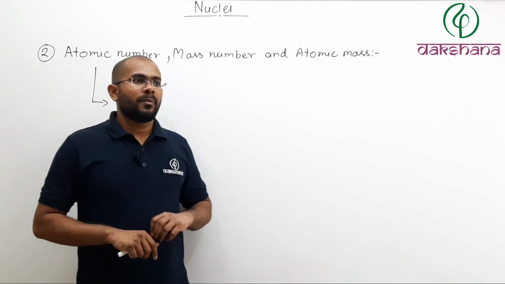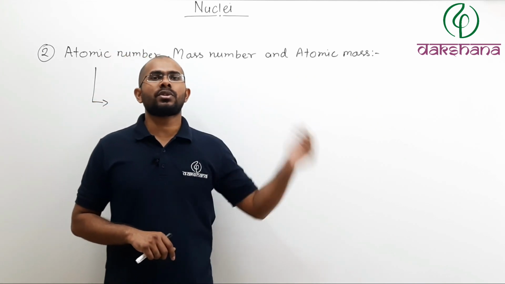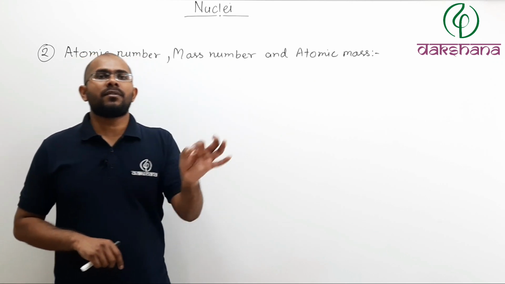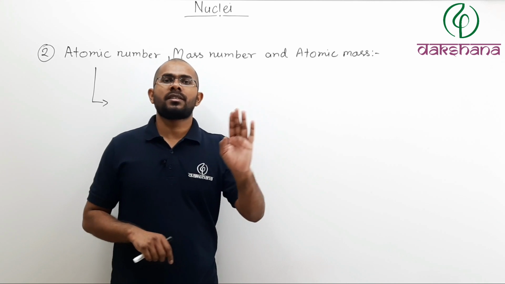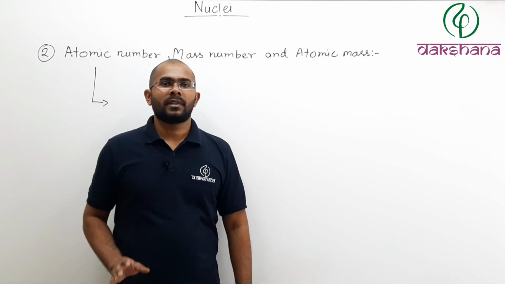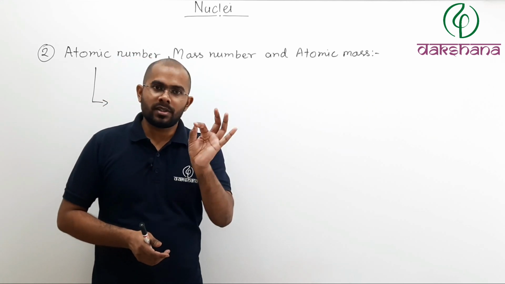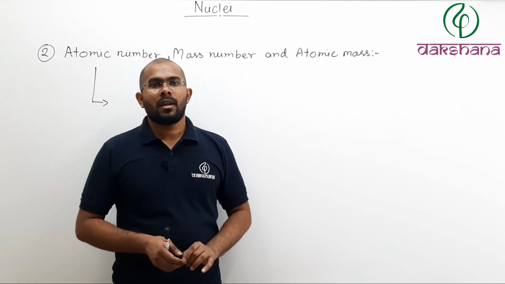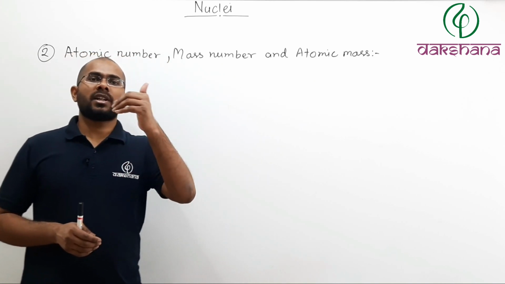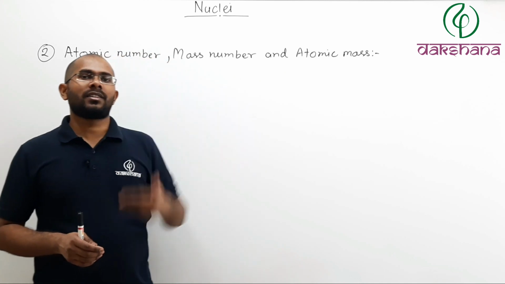Meaning, if you take a hydrogen atom, no matter what source you take it from, the number of protons in its nucleus will always be the same. The same goes for helium: the number of protons in the nucleus of a helium atom will always be 2. It can never be 3. If the protons become 3, it is no longer a helium atom, it is now a lithium atom.